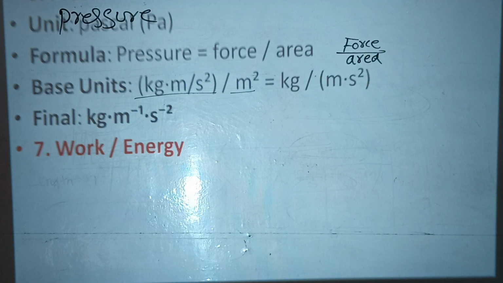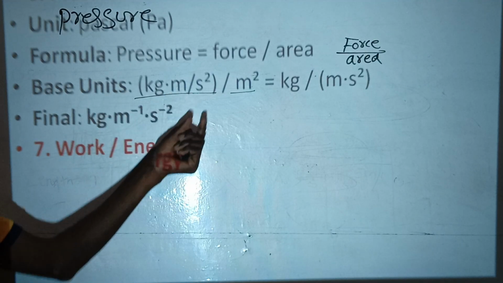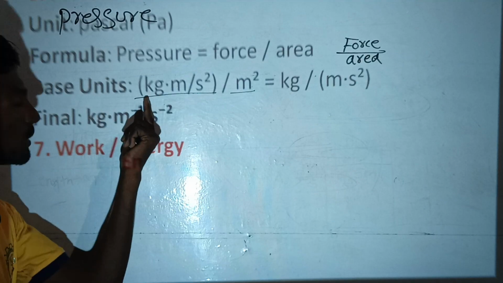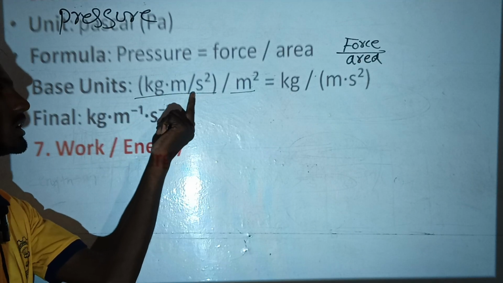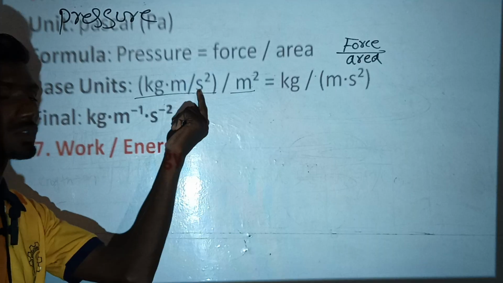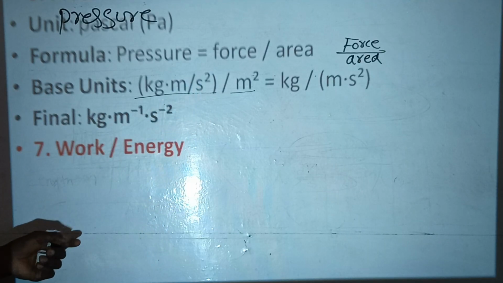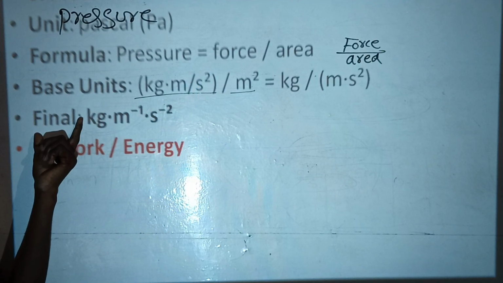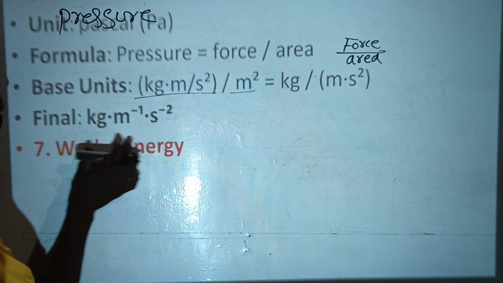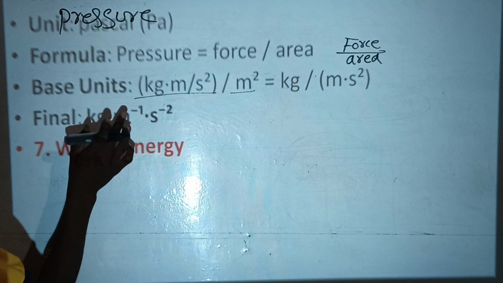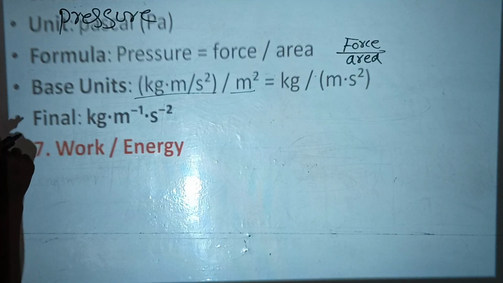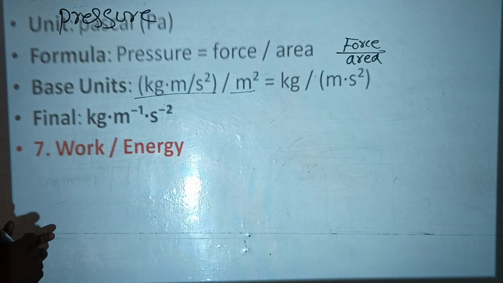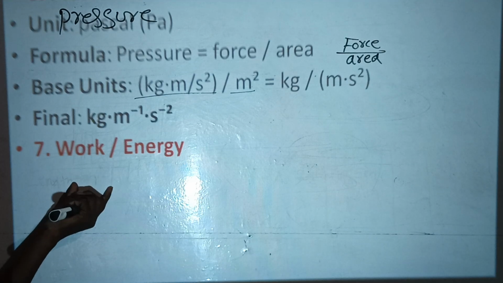How the force's basic units become kg meter per second square, you will understand in the next slide. So finally this will give us kg meter power minus 1 into second power minus 2.